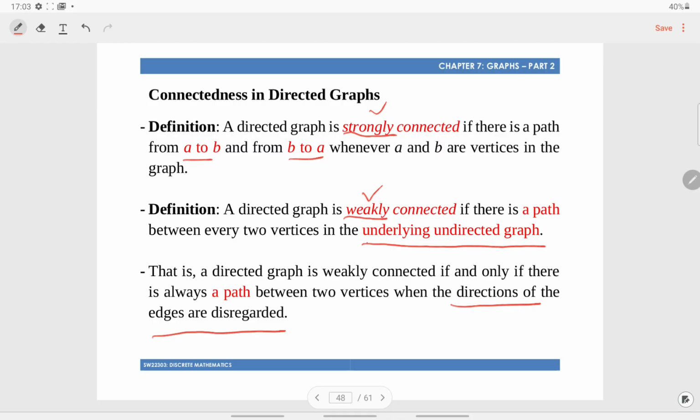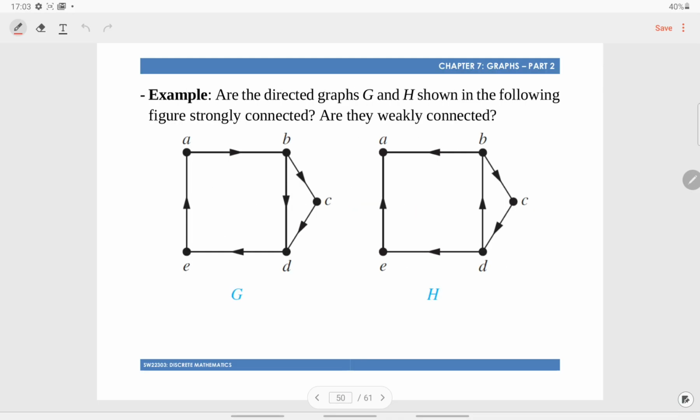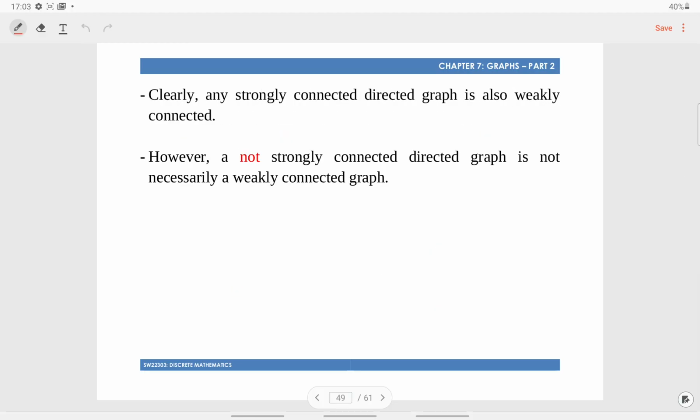Let's see the example. Before that, clearly any strongly connected directed graph is also weakly connected. However, a directed graph that is not strongly connected is not necessarily weakly connected.